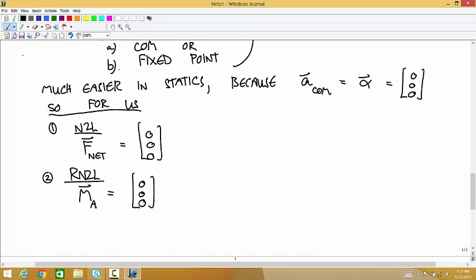And now, since the rotational version of Newton's second law holds any time that A is fixed in your inertial coordinate system, this holds for any point that we're dealing with, because for a body that's at rest in a coordinate system, something that's static, every point in the coordinate system is fixed in the body and in the coordinate system.